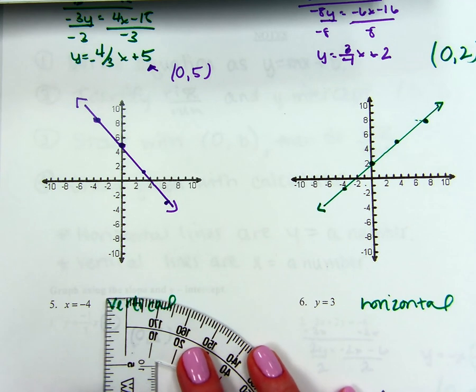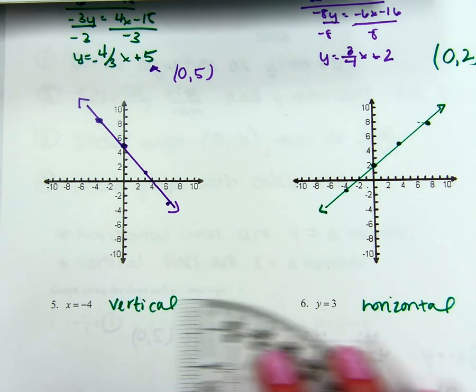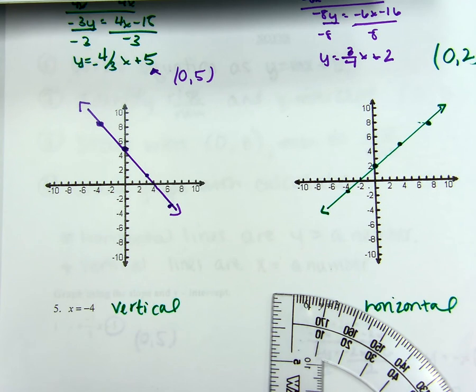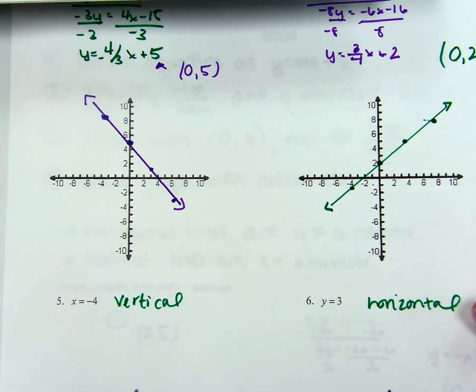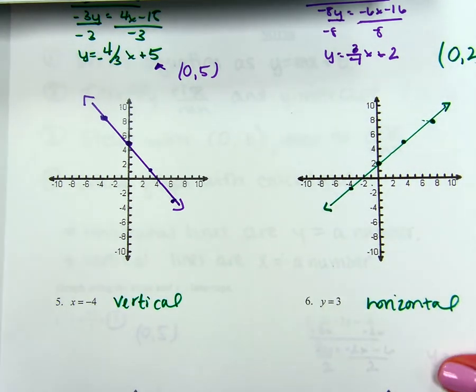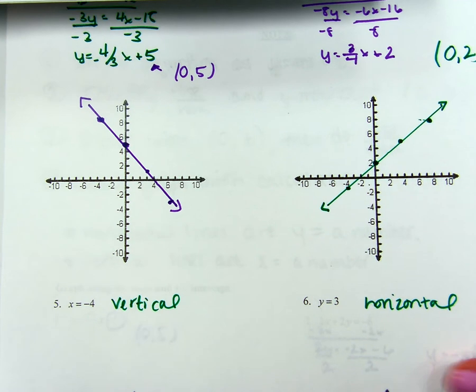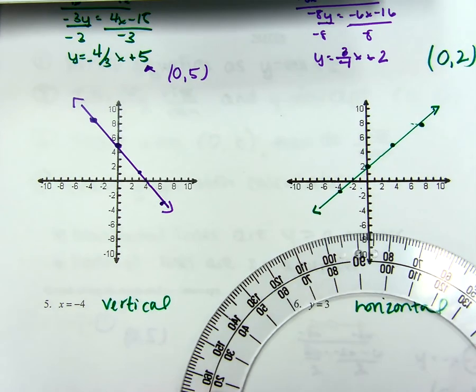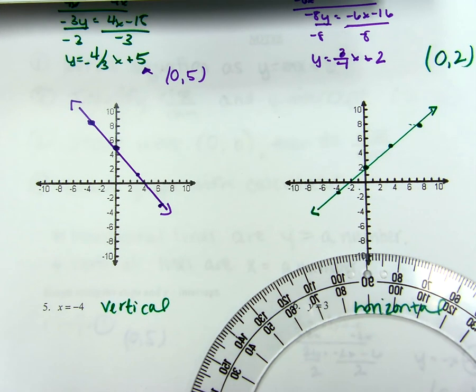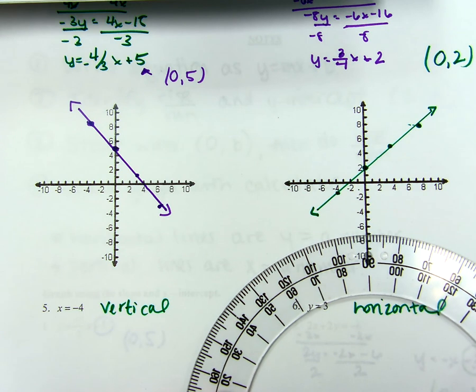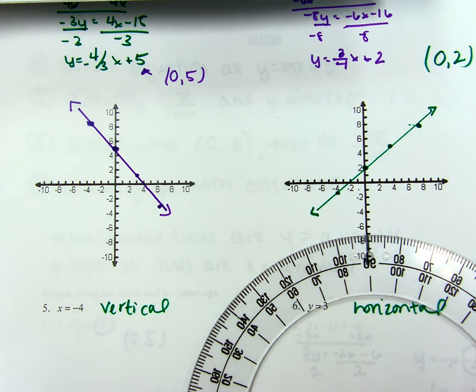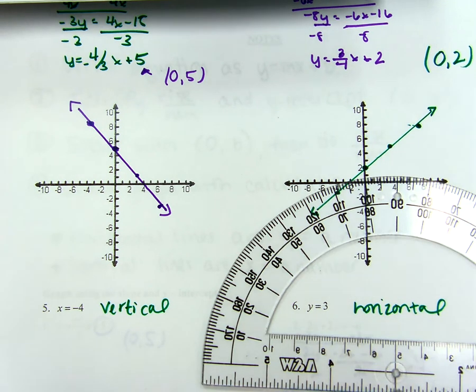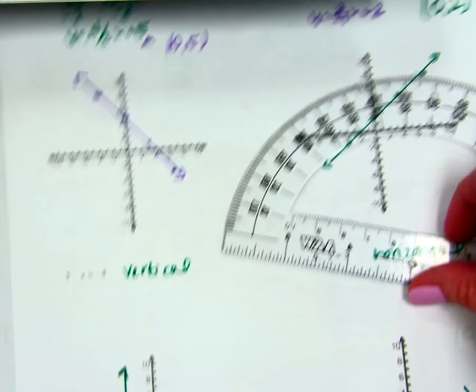There you have it. Same thing with our horizontal, y equals 3. We're going to look on our y-axis for our 3, plot our point, and then draw in our straight line. Sorry guys, you couldn't see those, but there they are.